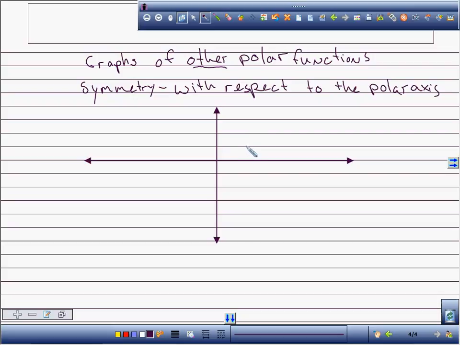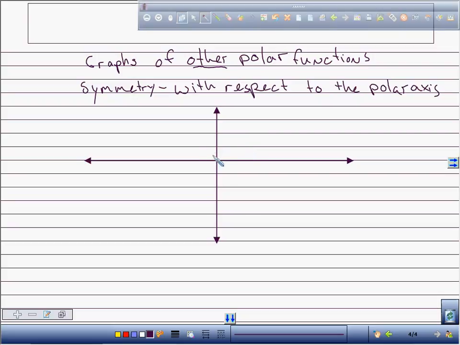If I have something that does like this, kind of a heart shape, and then goes out here like that. That's not very good either. But this figure has symmetry with respect to the polar axis.